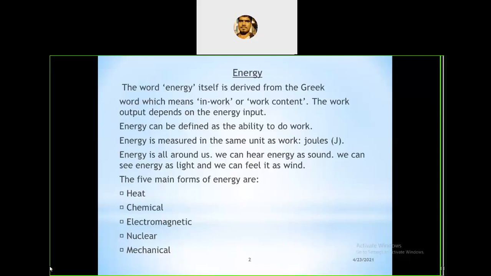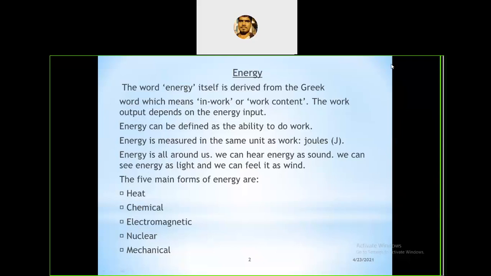Energy is just like a source. From that, we can do any action. Is it correct? For us, by eating the food, we get energy.